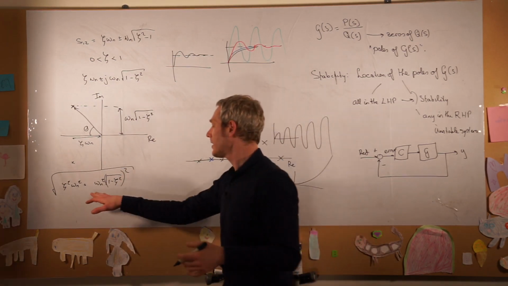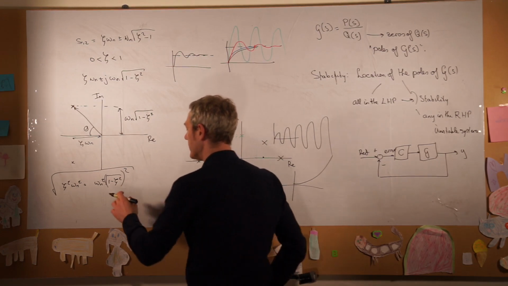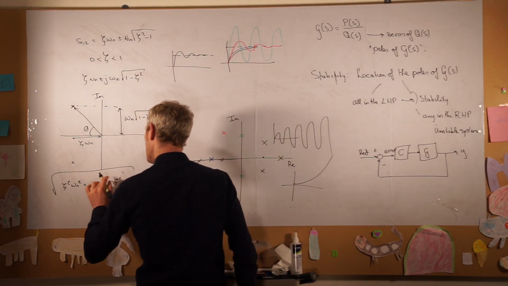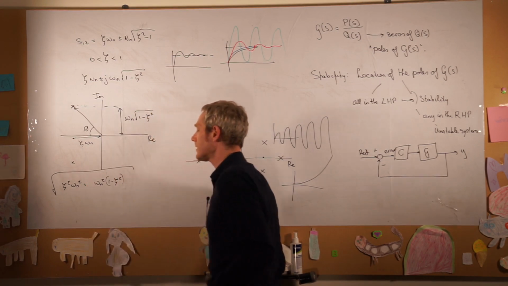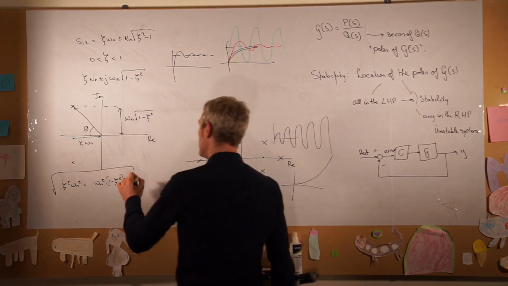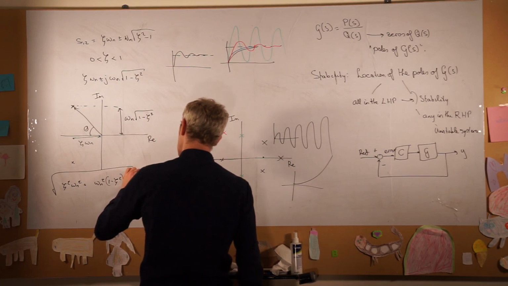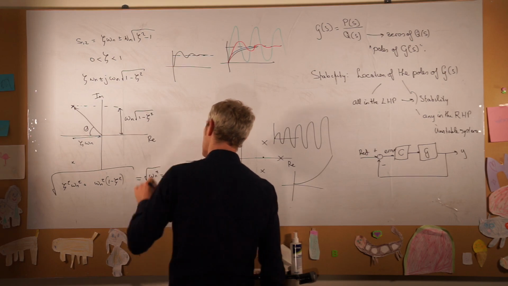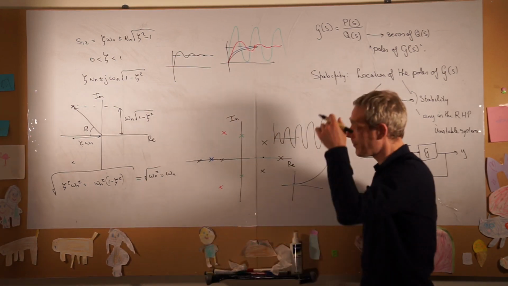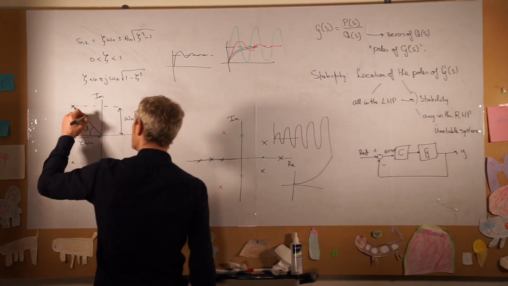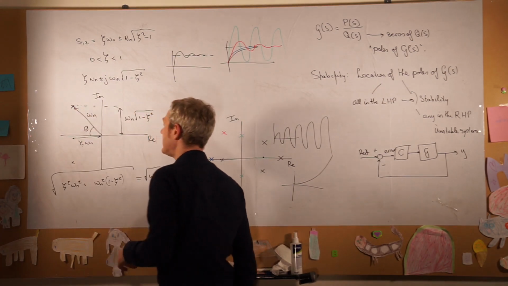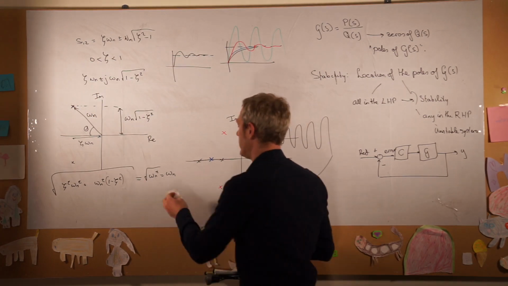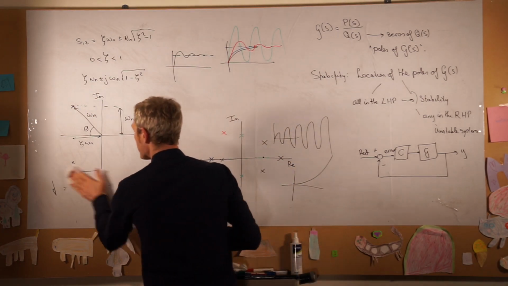If we calculate this, this term squared is nothing but 1 minus zeta squared, and if we add these two together, we see that the length of this vector is the square root of omega n squared, which is equal to omega n, because omega n is a positive number. So we know that the length of this vector is omega n. I will just erase this because we've just derived this.